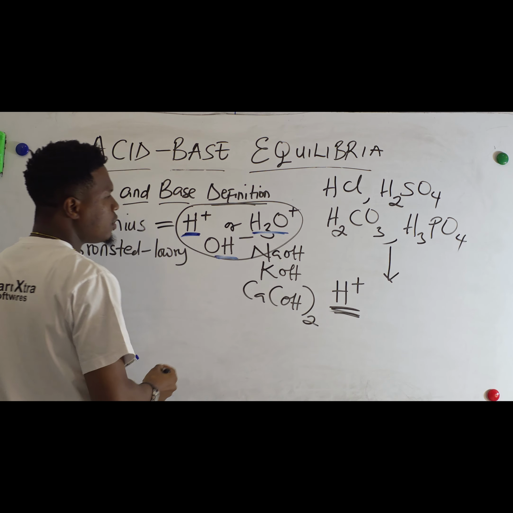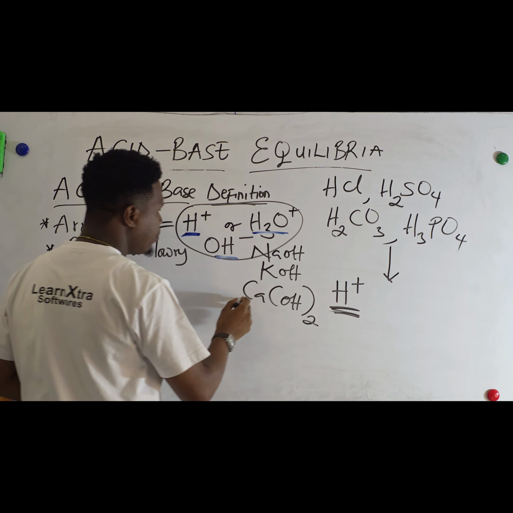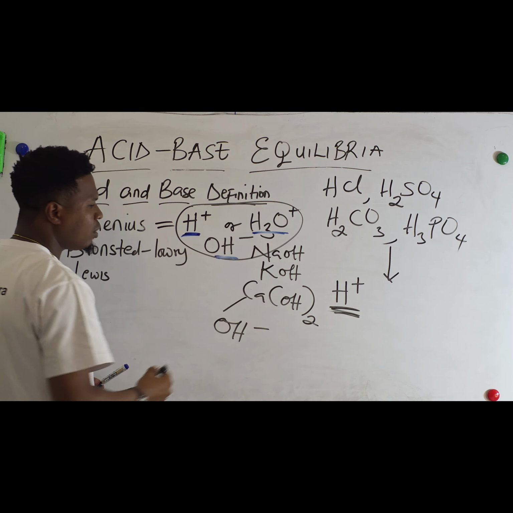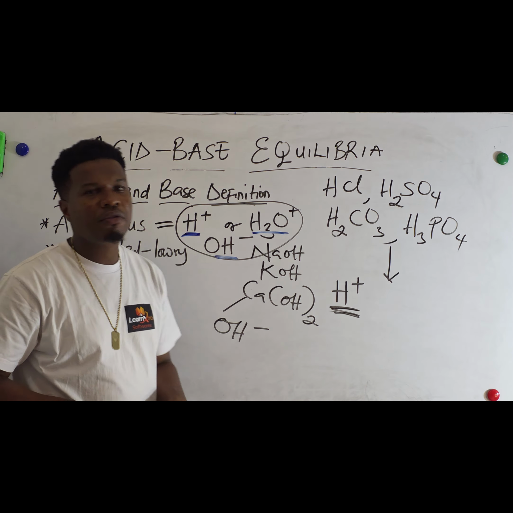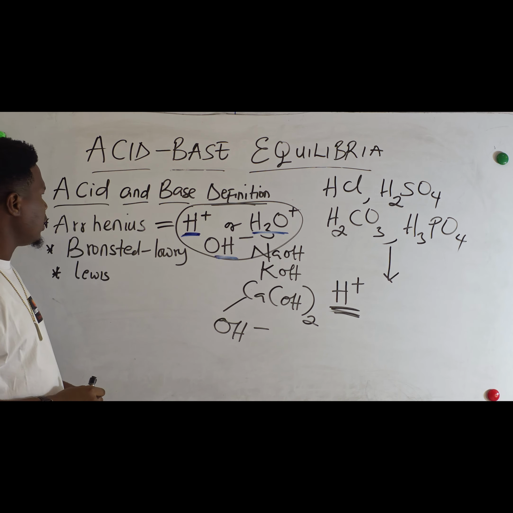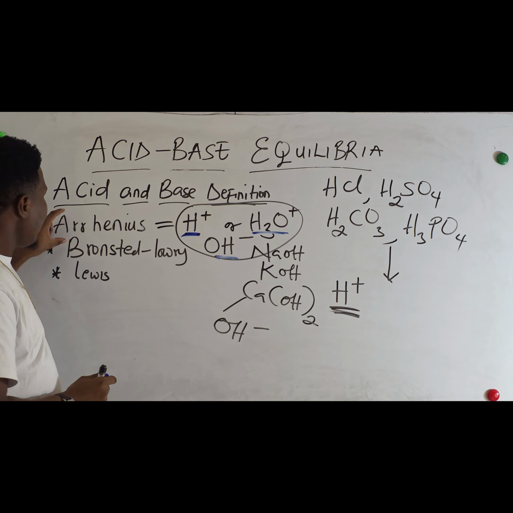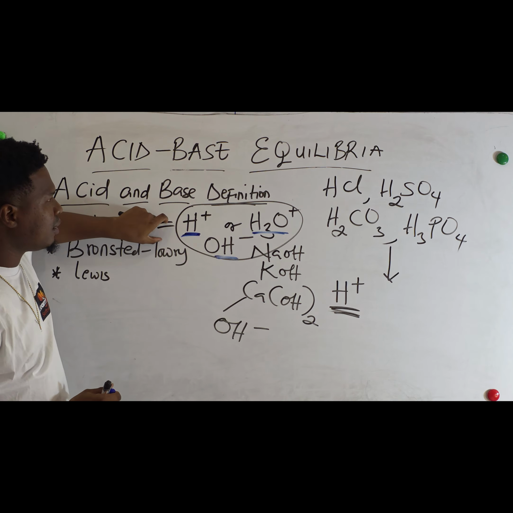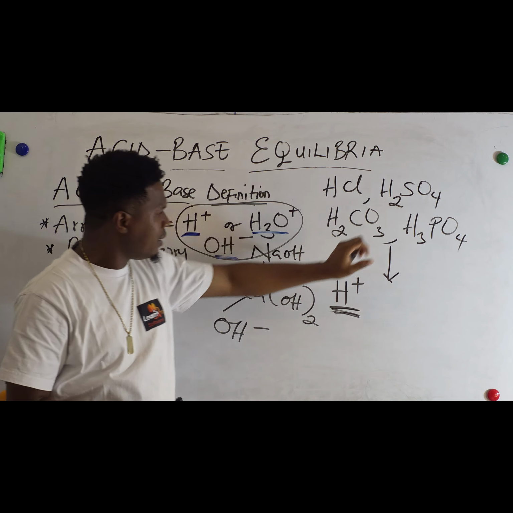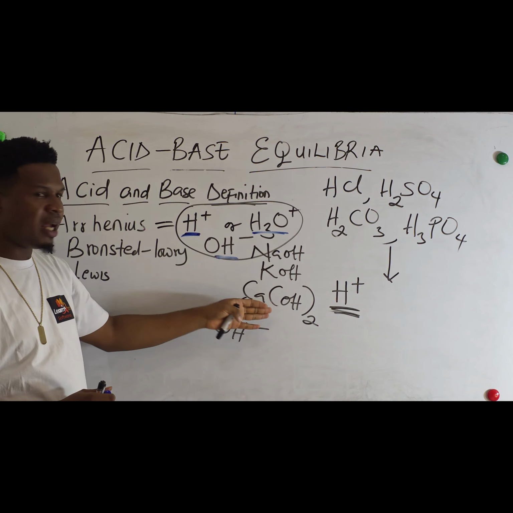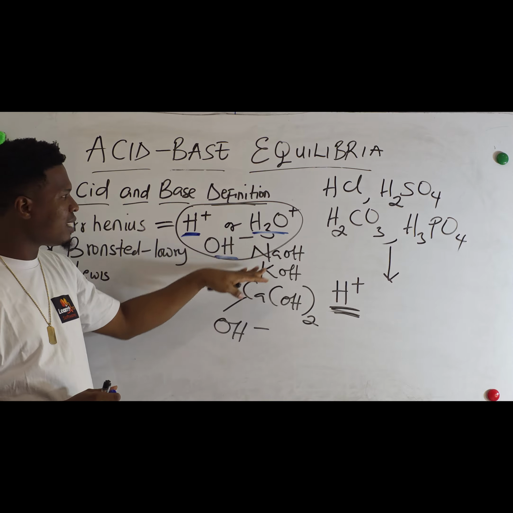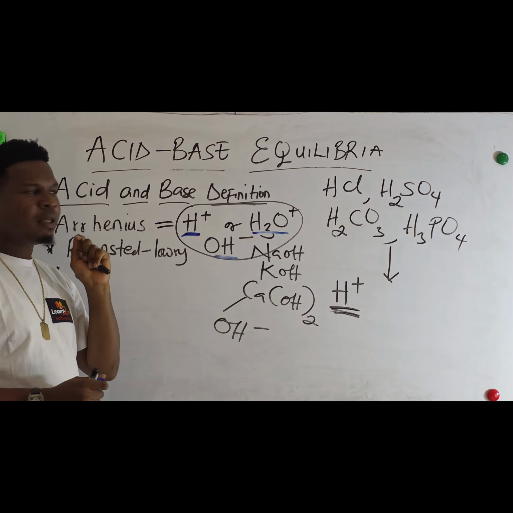When dissociated, these will produce hydroxide ion as the only negative ion. Look at the Arrhenius acids and the bases here. These are just a few examples; there are more of them.